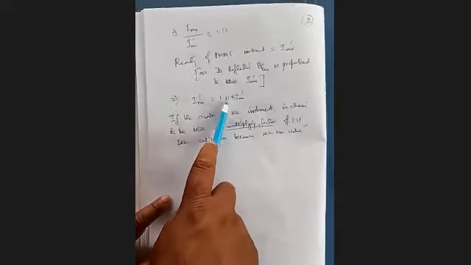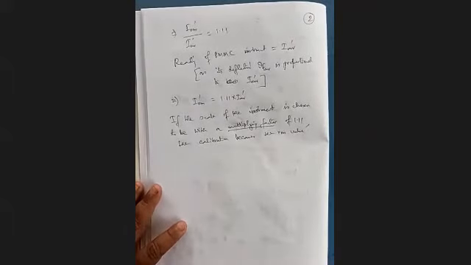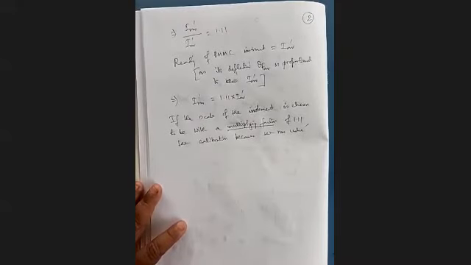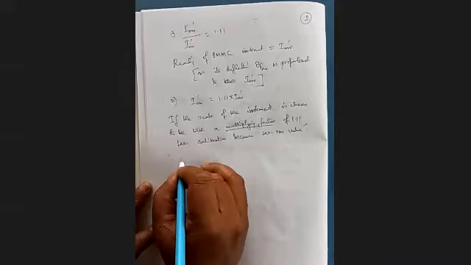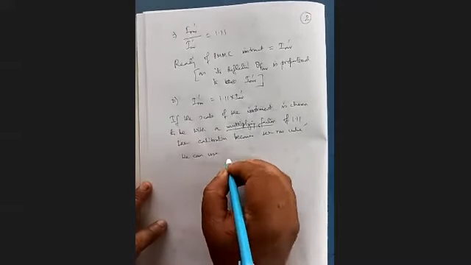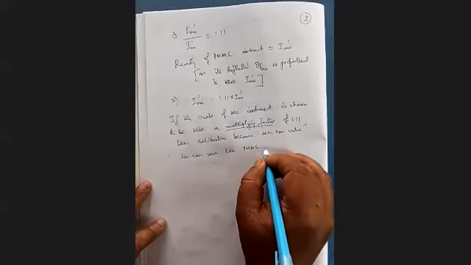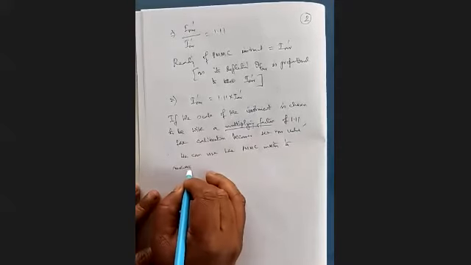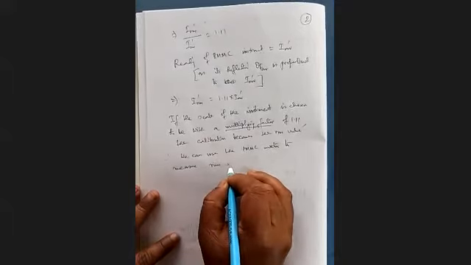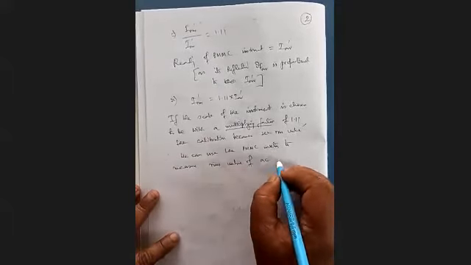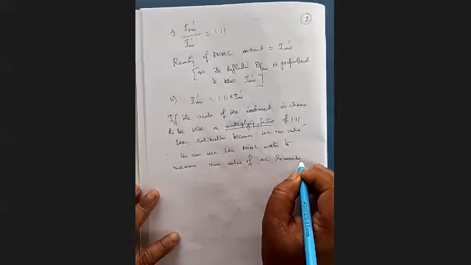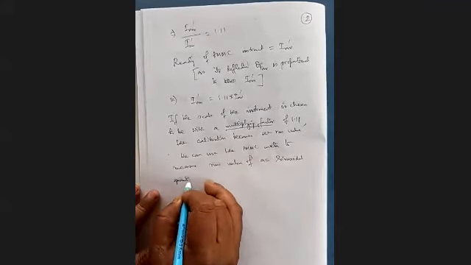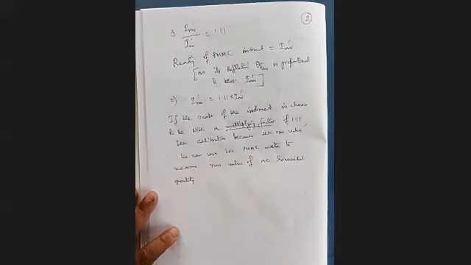As the multiplying factor is fixed, always the form factor of the waveform, which is 1.11, that's how we can use the PMMC instrument to measure the RMS value of an AC sinusoidal quantity.